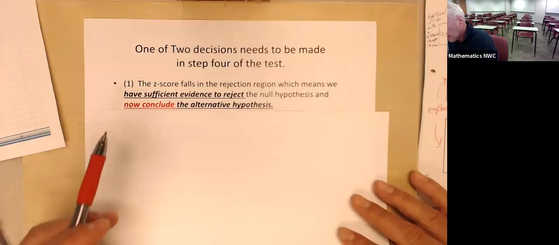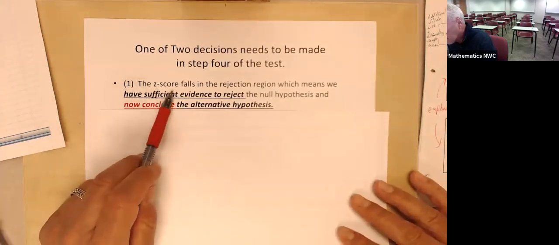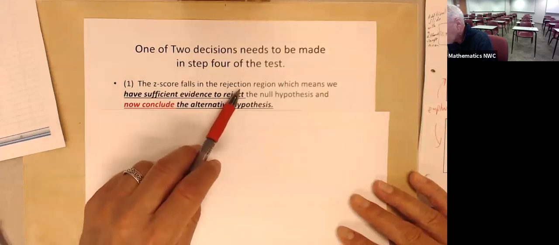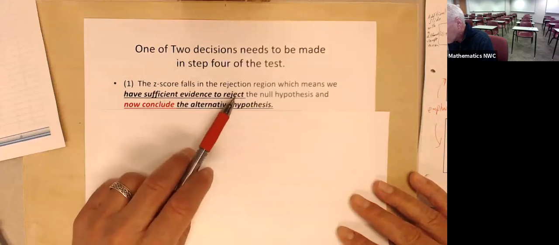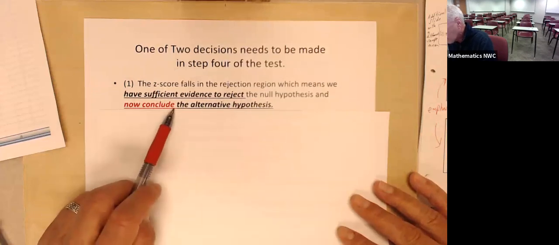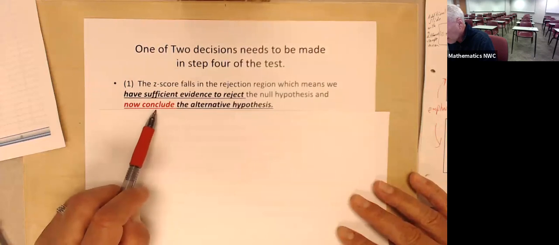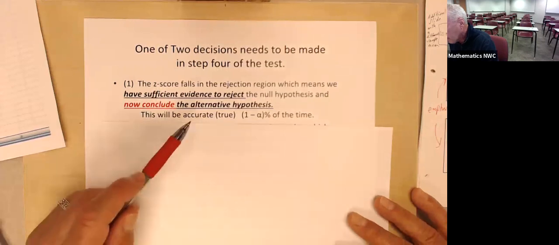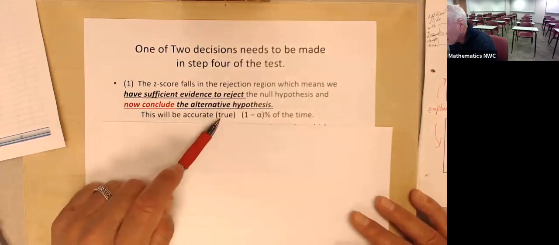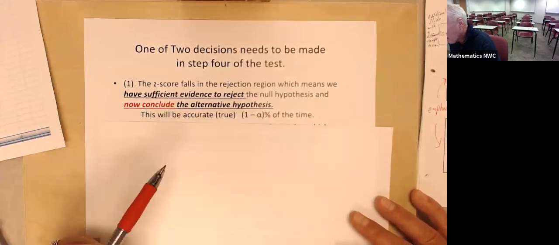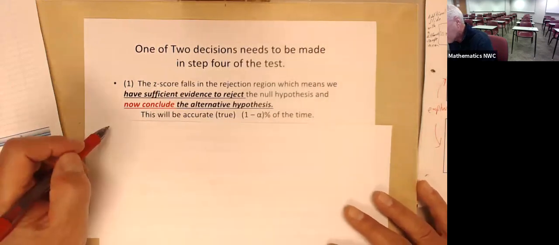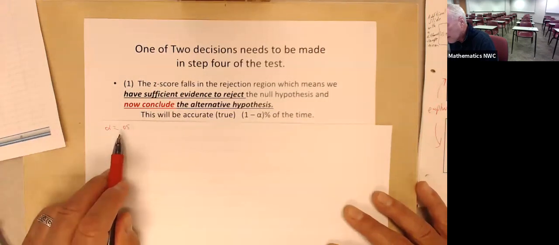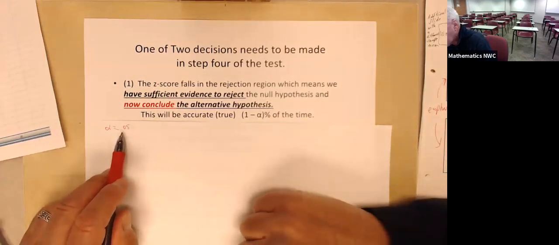I've said this, but this is a repeat. If the z-score falls in the rejection region, that means we went over that line, we have sufficient evidence to reject the null, and we now conclude the alternative. It's a strong finishing statement. This will be accurate, or we say it's a correct decision, 1 minus alpha percent of the time. Do you remember in our previous example, we had alpha to be 5%? That was the probability of making a type 1 error.